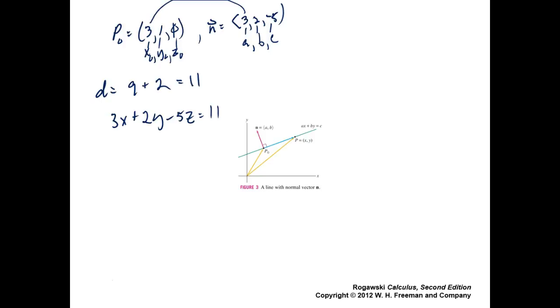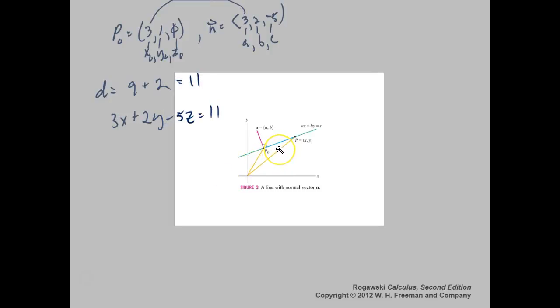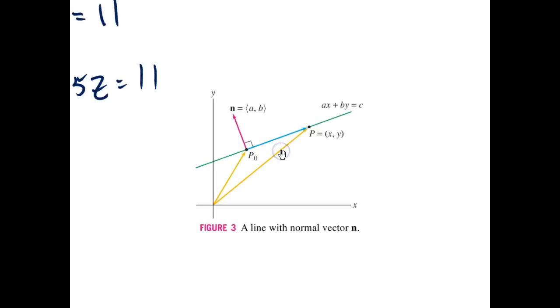They're right there in the equation, blaring at you. The same is true for lines in R2. The line AX plus BY is equal to C in this figure here. Let's see if we can blow that up a little bit.